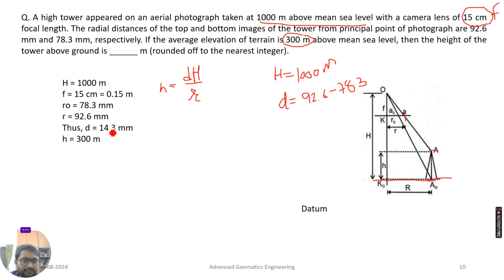Anyone? Yes, how much? What is the answer?